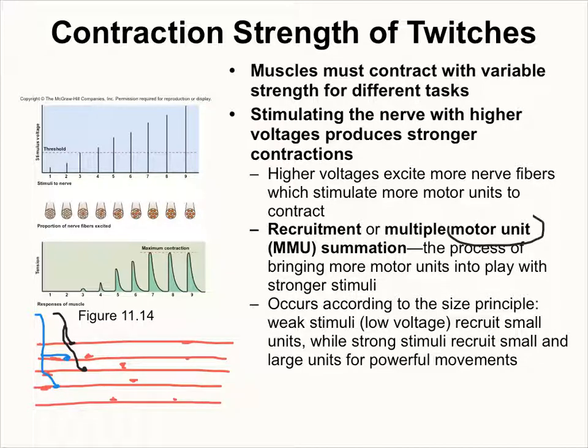Motor unit. That is an important term. A motor unit is basically all of the fibers that are activated by a single neuron.